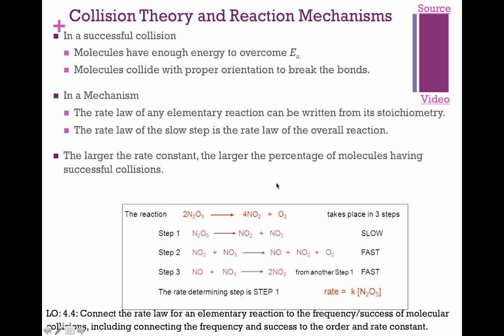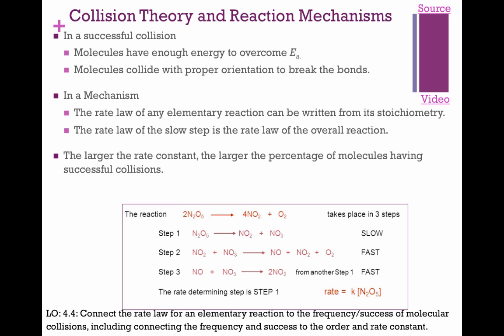When you're looking at the value of K, the larger your value of K actually means you have more molecules colliding and reacting. So the larger value of K would actually tell us that we have more collisions happening and a faster rate of reaction.